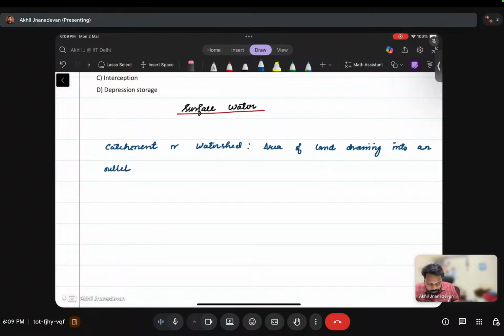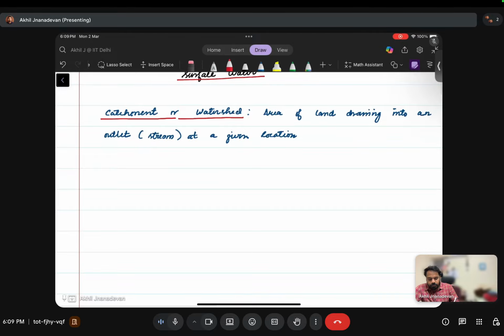So basically, it is draining to a single outlet, right? For example, it can be a stream at a given location. So this is basically the definition of a catchment or a watershed.